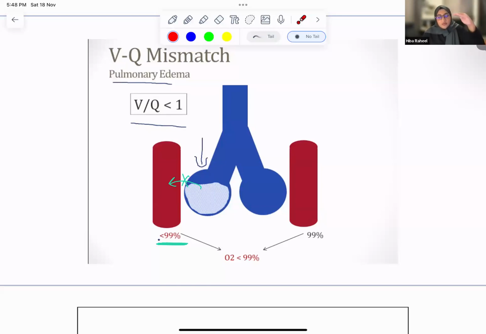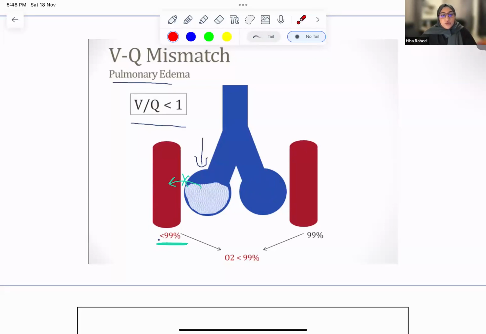Remember, V is at the top. You decrease ventilation, you decrease the numerator, the top number, and VQ also decreases, right? They're directly proportional. They'll go down together. So the VQ ratio decreases, becomes less than 1, and this is on this side. Now, as for the right side of the picture, everything is normal, everything is fine. The alveolus is well ventilated, perfusion is occurring, and the VQ ratio would be about 1 over here.